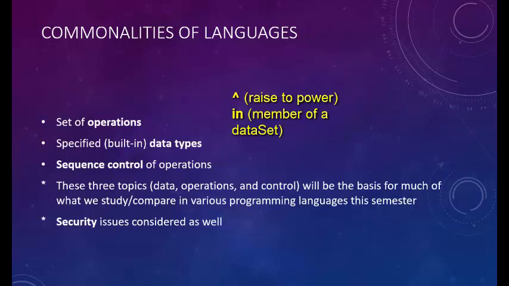The caret for power operations, and the in to check for membership in a particular data structure set. Now, not all languages perform their operations the same way. For example, the C family of languages uses short circuit evaluation. Not all languages do. Visual Basic comes to mind.